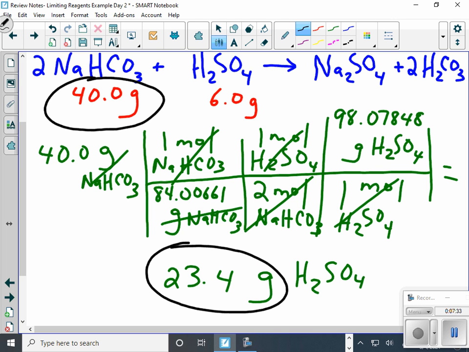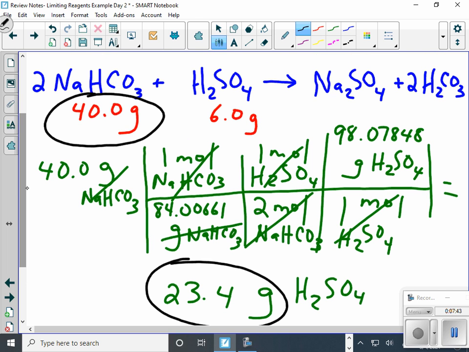Do I have 23 grams of sulfuric acid? No, I only have 6. So what is limiting this reaction? My limiting reagent is sulfuric acid. I'm going to have extra sodium bicarbonate.